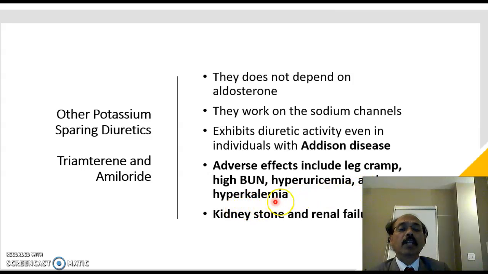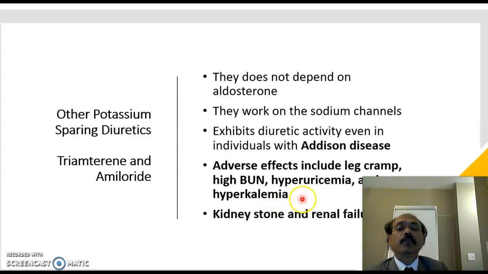Okay, and hyperkalemia. Our potassium level should be 3 to 5 milliequivalents per liter. If it is more than 5 milliequivalents per liter, we say it is a case of hyperkalemia.